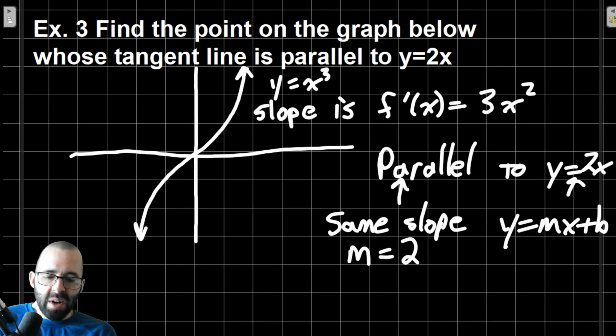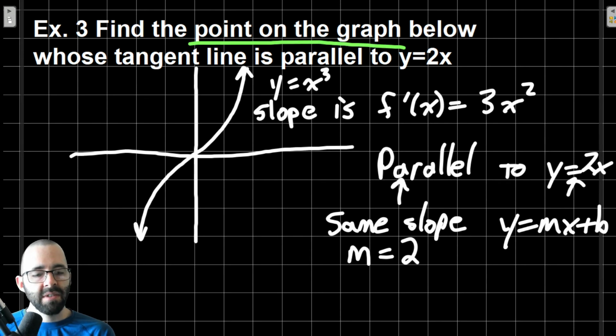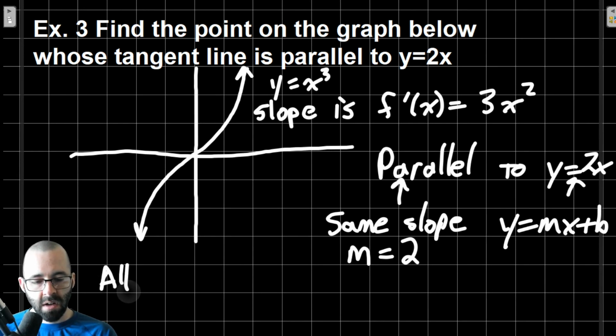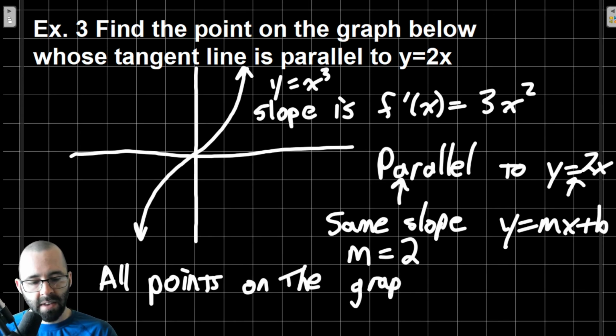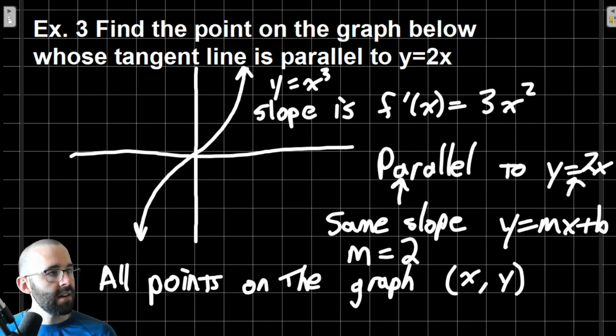We also need to incorporate the fact that we are looking for a tangent line. Okay? And the point has to be on the graph, right? We're looking for a point on the graph. So all points on the graph are the points x, comma y.